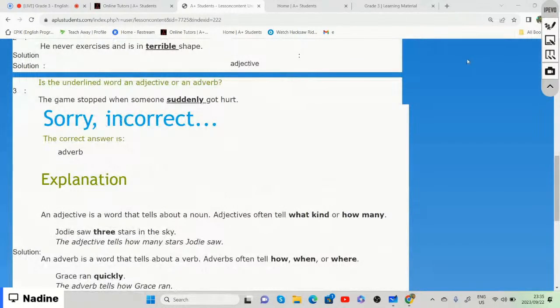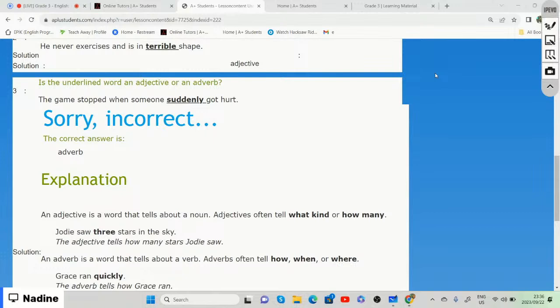All right, and then if we ask ourselves, is the underlined word an adjective or an adverb, right? The game stopped when someone suddenly got hurt. Suddenly got hurt. So the word suddenly, is it telling us about the verb?